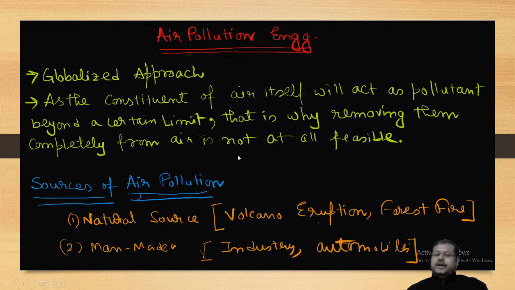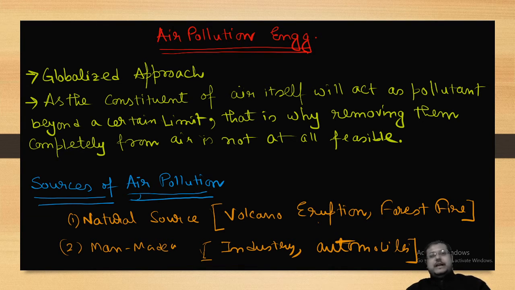Now, before going to the details of air pollution engineering, certain things I need to tell. Air pollution engineering is a segment where you have to deal with some arbitrary things which you haven't thought about.